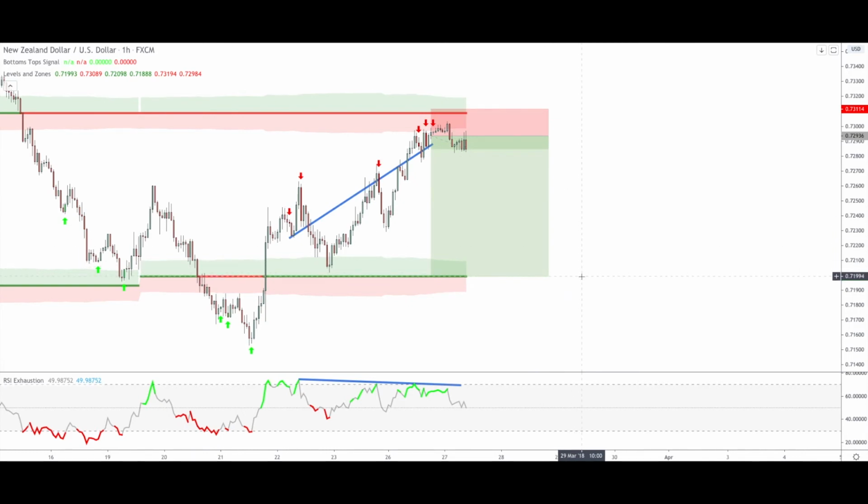It is very likely, because setups like this happen every day on every asset, on every time frame. So you just need to have the patience to look for them, to wait for them, and then when you see the best opportunities, you just isolate them.